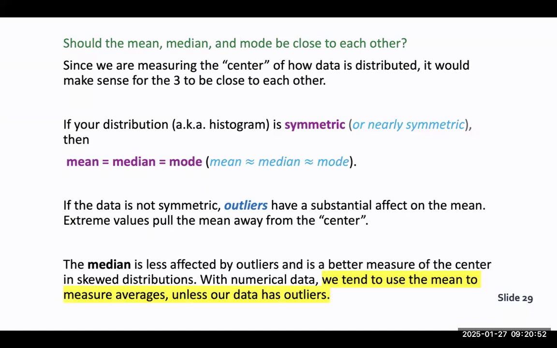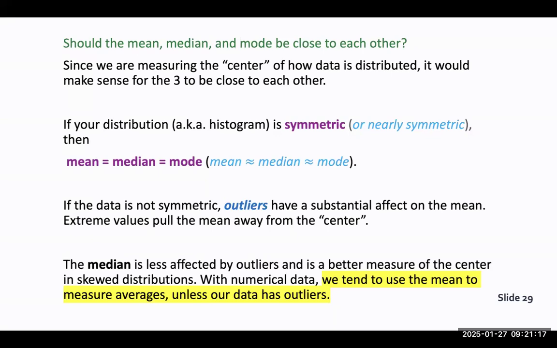We'll learn how to recognize outliers very soon, but when we have data that has outliers, then if we want to measure the center of the data, we tend to use the median instead of the mean. The median is not affected as much by outliers like the mean.